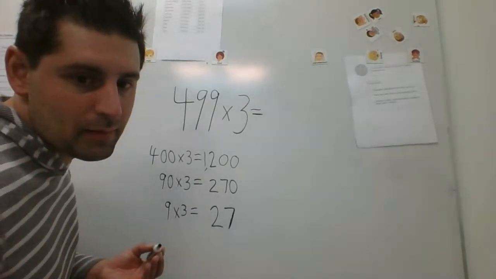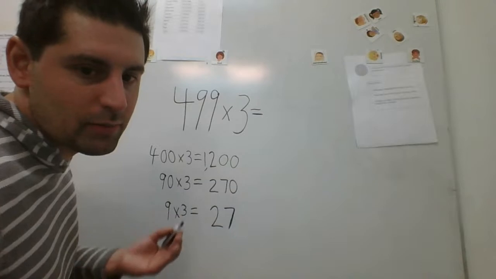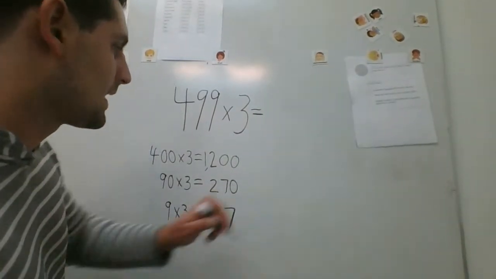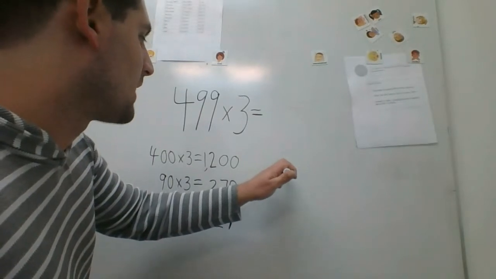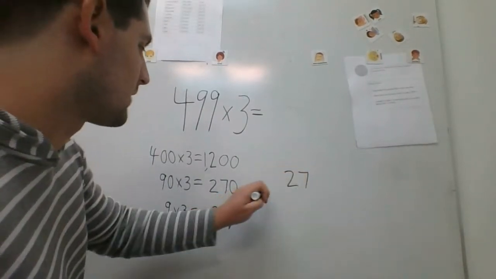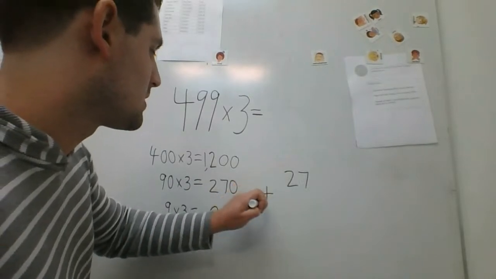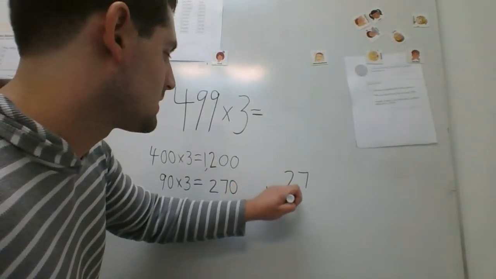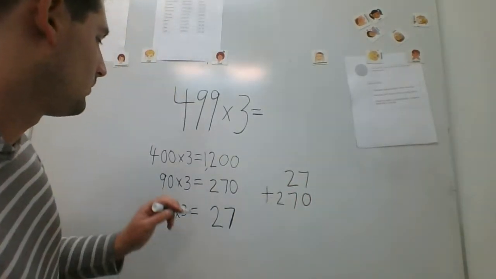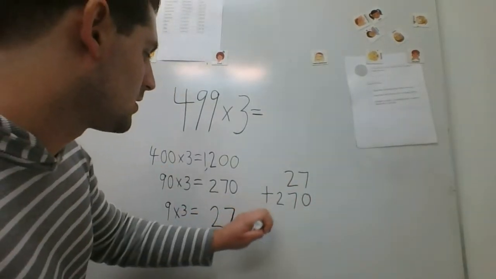Now in the first problem, the way I modeled it, the numbers were already lined up, but it is helpful to sometimes rewrite it. Rewrite your 3 answers, because you have to add your 3 answers together now. So 27 plus 270 plus 1,200.